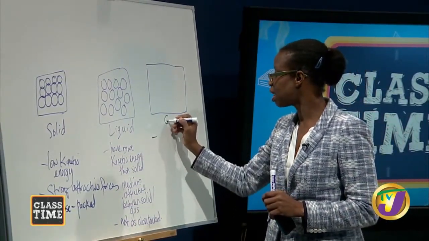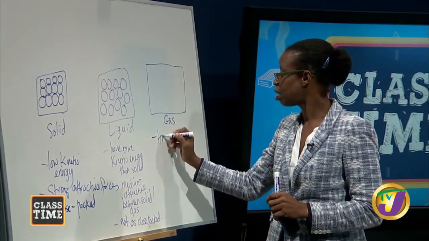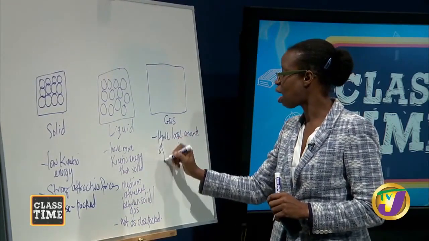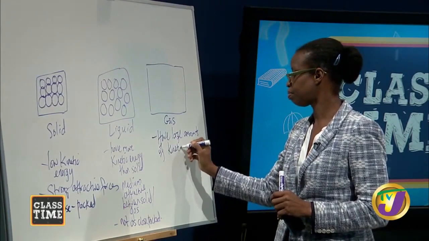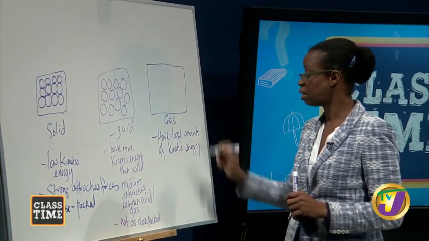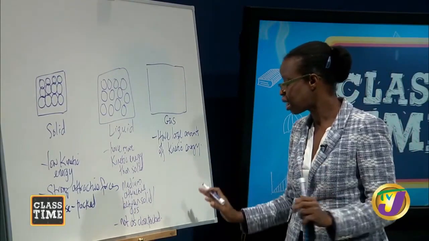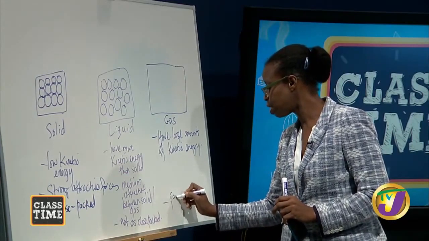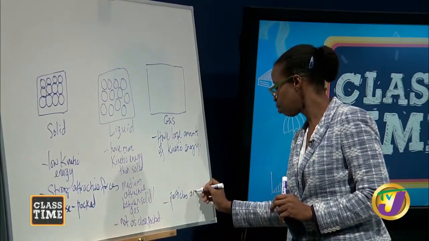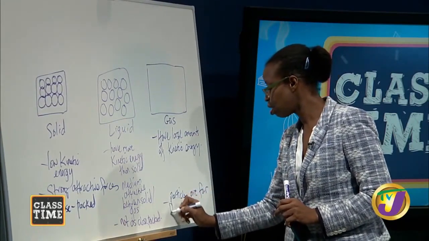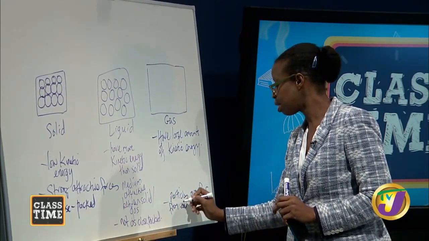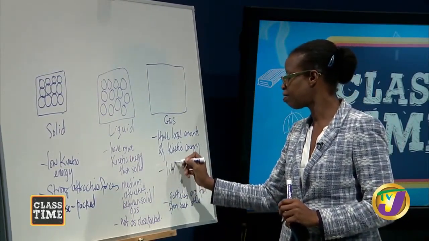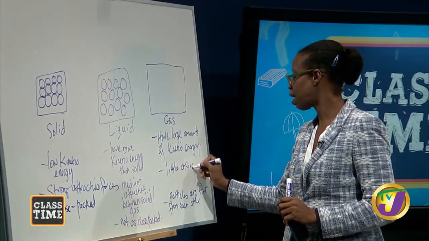Because the particles in a gas have large amounts of kinetic energy, they are constantly moving. They're certainly not close packed at all. They are very far from each other, and they are constantly moving. And this therefore means that they have little attractive forces between the particles.